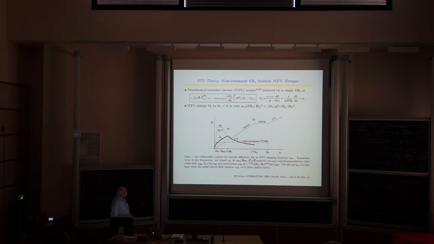Another thing about this diagram is if the electric field goes to 0, which is tied by these formulas actually to the rotational transform, then this toroidal rotation may be being damped to a certain rotation frequency, but this mu is getting very big if the electric field vanishes.